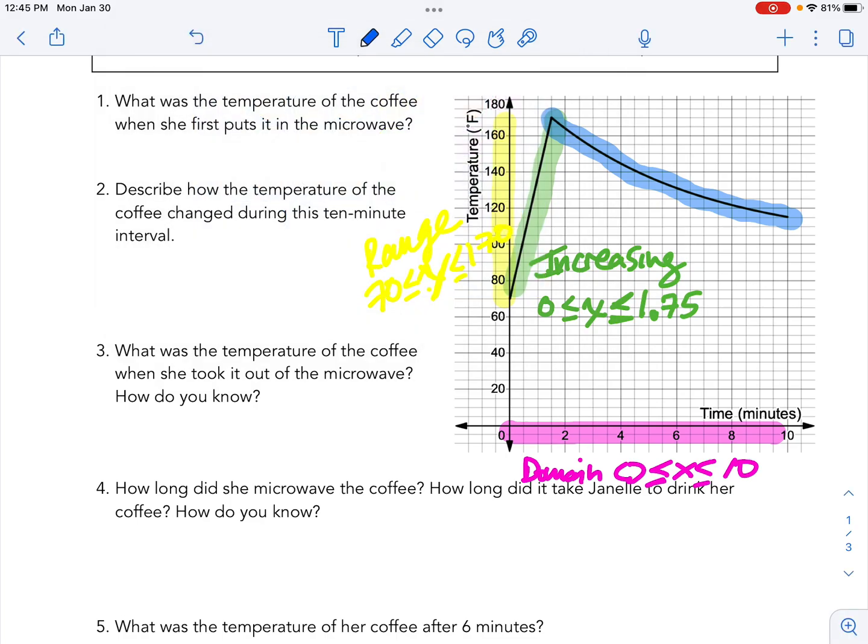So it is definitely possible for me to have within one situation an increasing, a decreasing, staying constant is something we're not seeing in this picture, but it's most certainly possible. And that decrease here, again, is happening from 1.75 all the way to the x value of where this eventually stops at, which is 10.